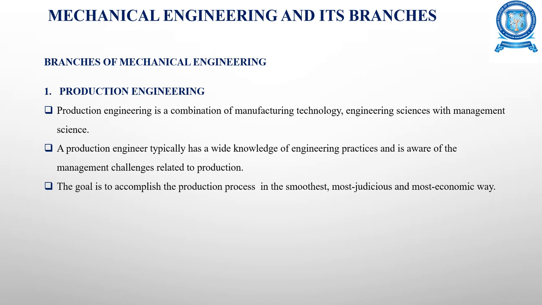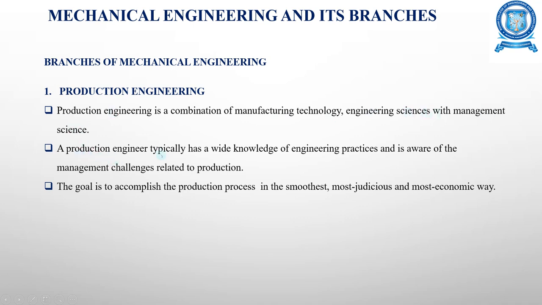So in this video section, mechanical engineering and its branches. The first branch of mechanical engineering we will be studying is production engineering. So what is production engineering? It is a combination of manufacturing technology, engineering sciences with the management science.